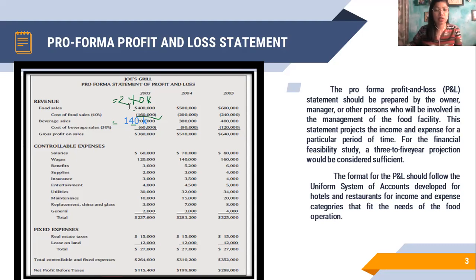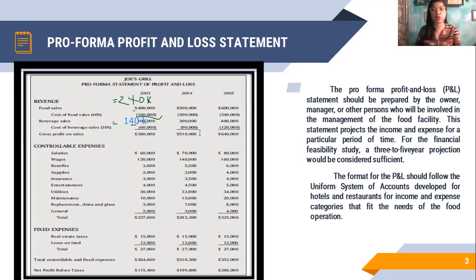Okay, so that's how you get the gross profit on sales. Of course, in projection for different years, a 3 to 5 year projection, it should increase. So you will research and look for realistic figures for restaurant operations.